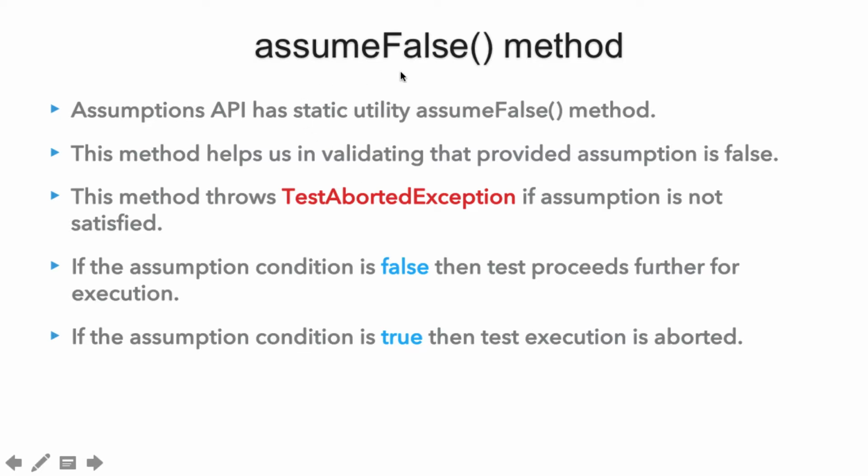So here in the assumeFalse method, we provide a boolean condition assuming it to be false, and if that boolean condition is false, then our assumption is passed and the test proceeds further for execution. But if the boolean condition provided is true, then test execution is aborted by throwing a TestAbortedException, and our complete test case is skipped.